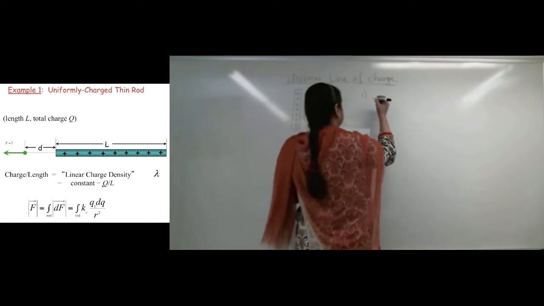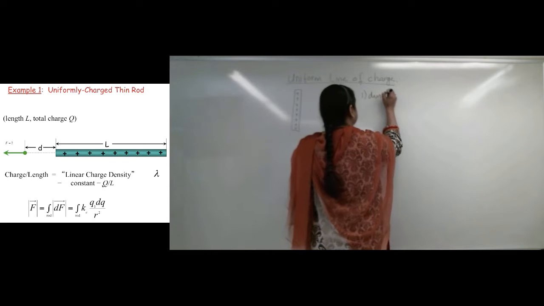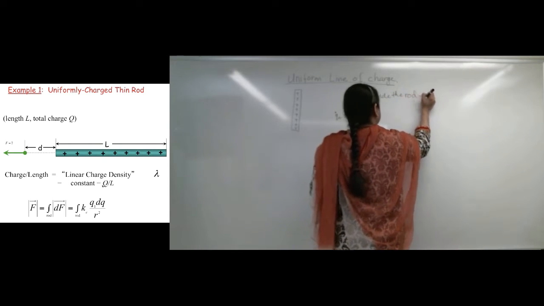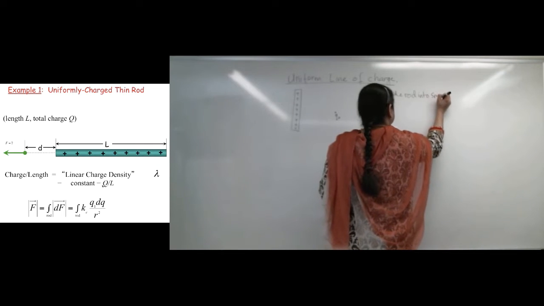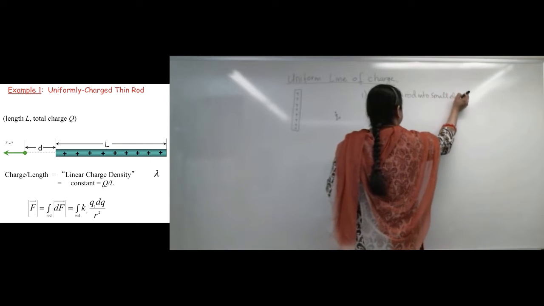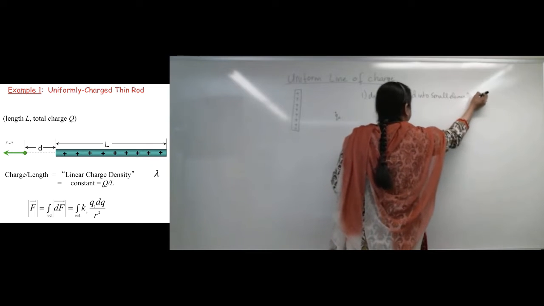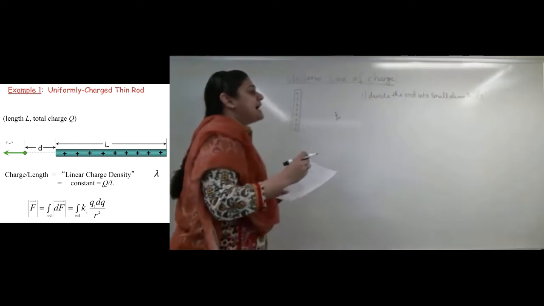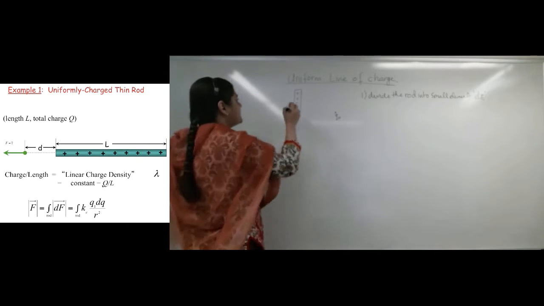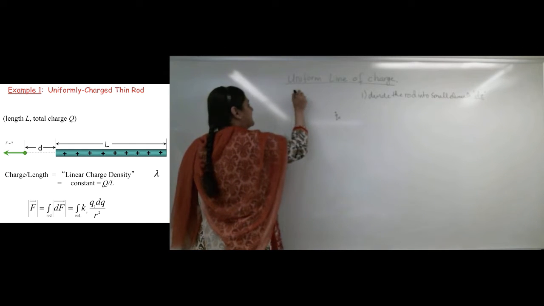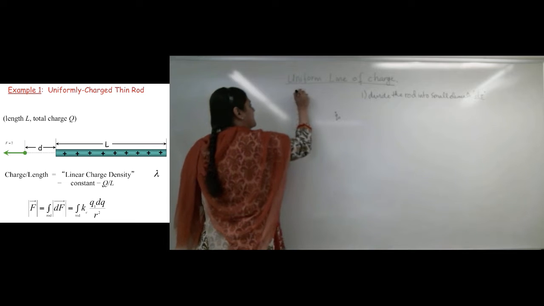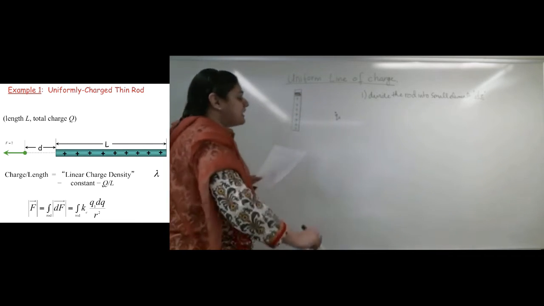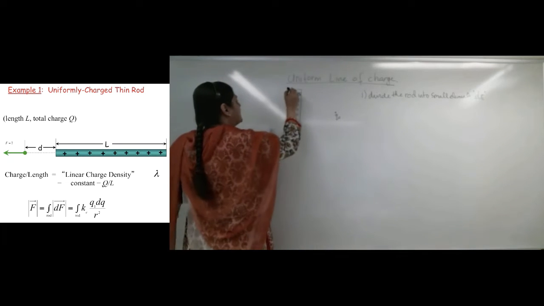So we are going to divide the rod into small elements dz. Each small element has a length dz. So basically what we're doing is dividing this rod into small elements, each of length dz.